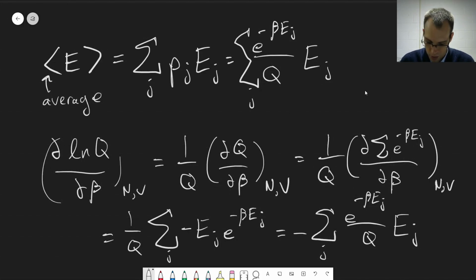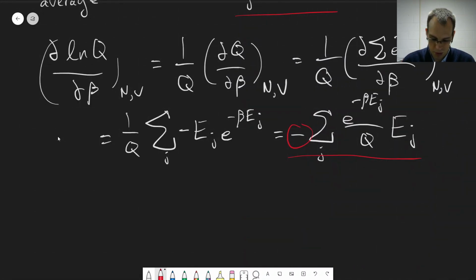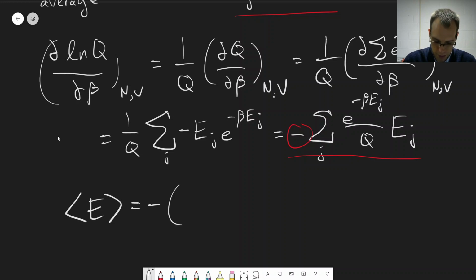And what you hopefully will notice here is that this equation and this equation look almost the same, the difference being this negative sign. And so we have shown that there's a way we can write the average energy. The average energy of our ensemble is equal to negative of this derivative, d log Q d beta.